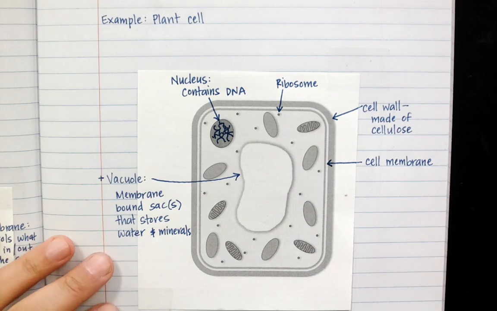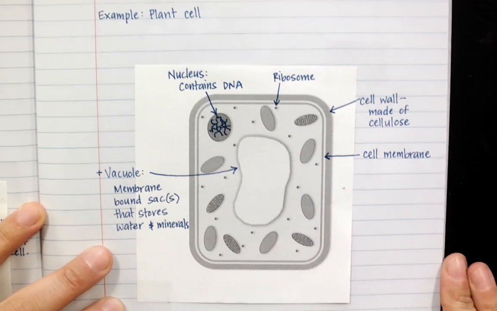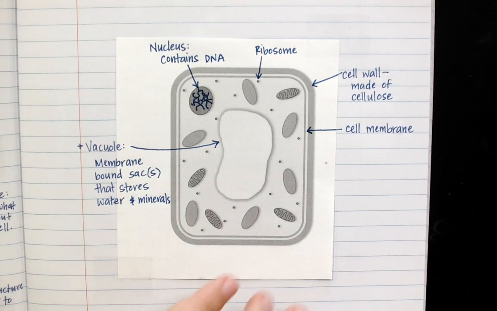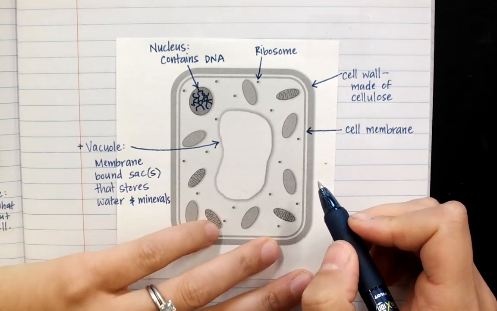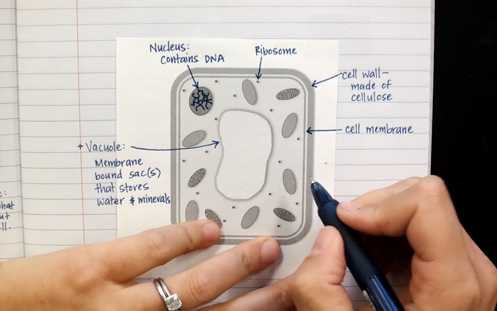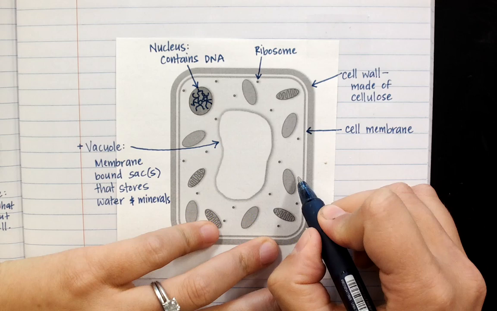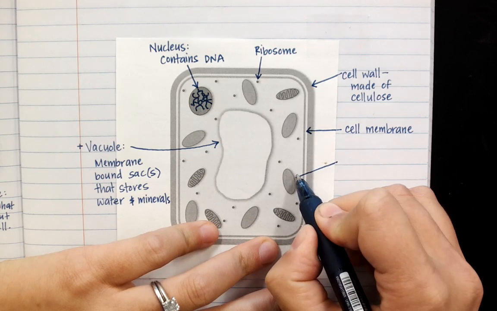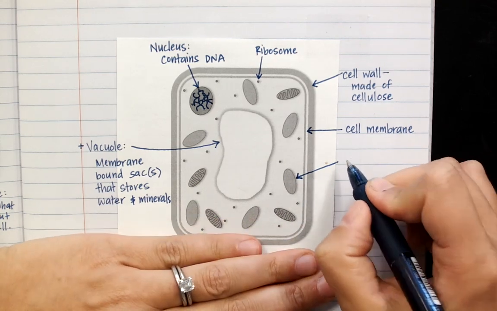The next thing that we're going to talk about is this thing here or this thing here. Those are unique to plant cells. So if you think about what it is that plants can do that animals can't do, it's the chloroplast inside of the plant cell that allows it to have that function, and that function being the ability to make its own food through photosynthesis.